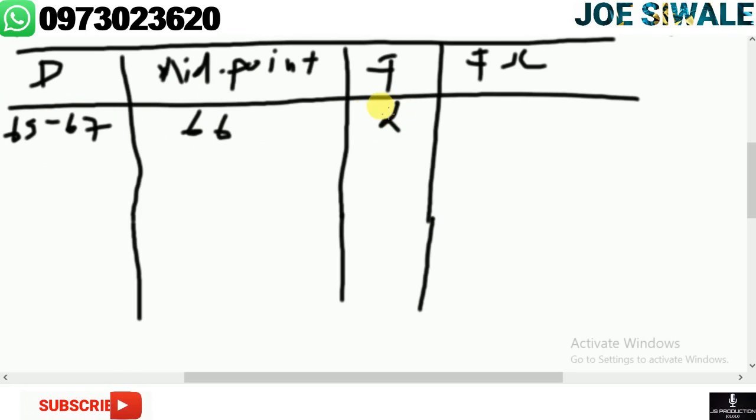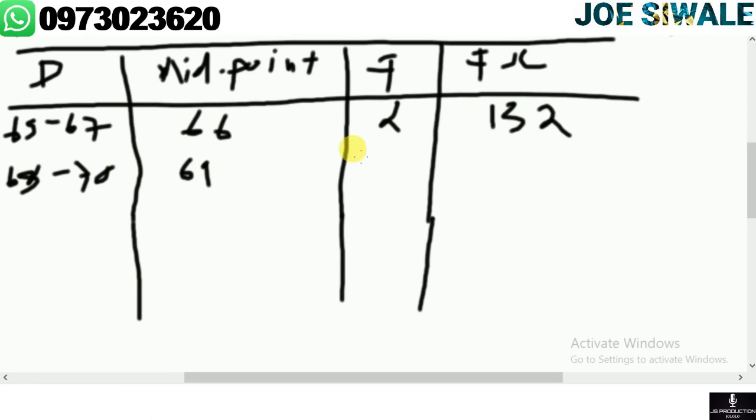To find our f of x, we multiply 66 by 2, and the answer there is 132. Then we go to the second one and do the same. For 68 to 70, the midpoint is 69, and the frequency is 5. 69 multiplied by 5 is 345.